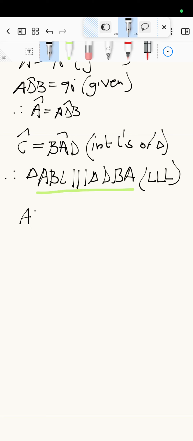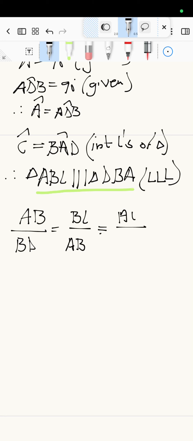AB divided by BD, first and second divided by first and second, is equal to the last two, BC over AB, which is equal to first and last, AC over AD.